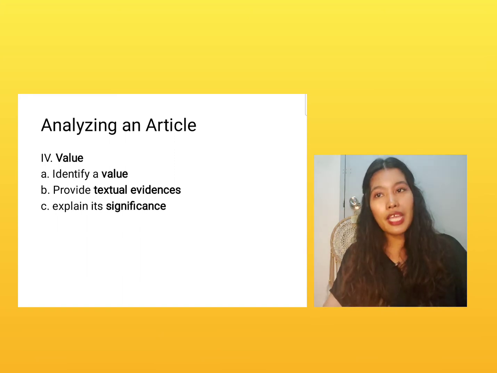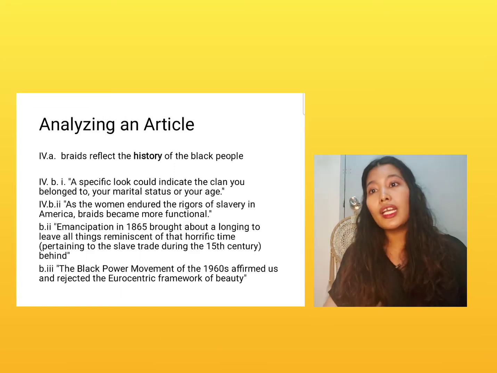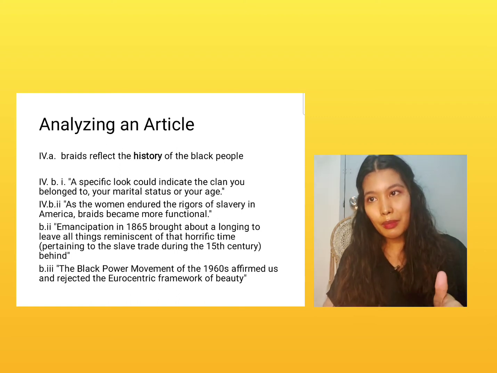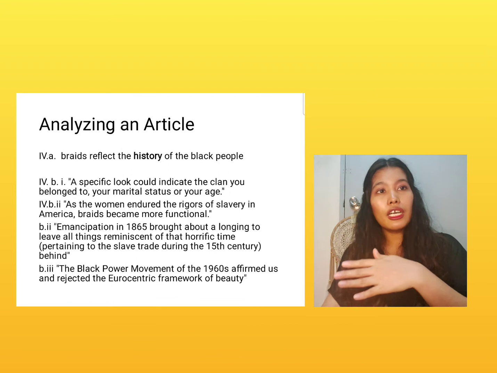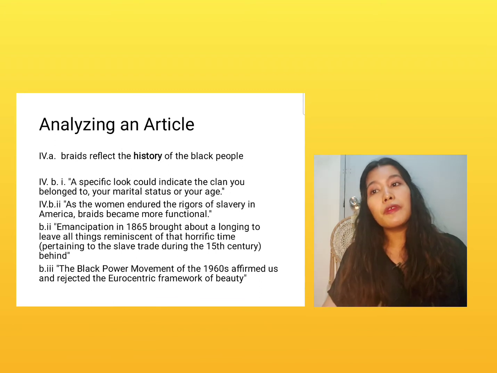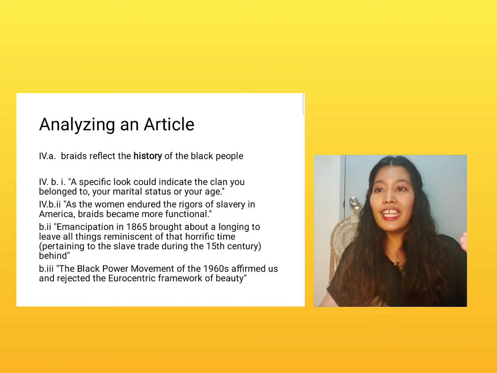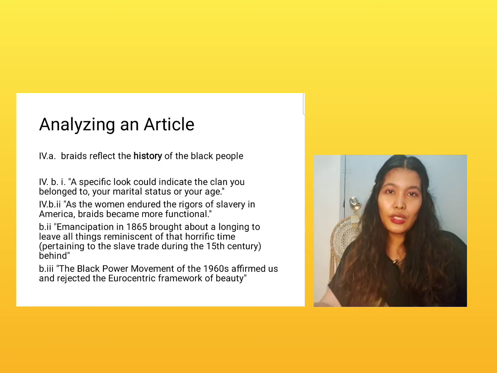Now let's have one example, and I chose historical value. Braids reflect the history of Black people. So here is the evidence. A specific look could indicate the clan you belong to, your marital status, or your age. In the beginning, braids had certain affluence attributed to them.